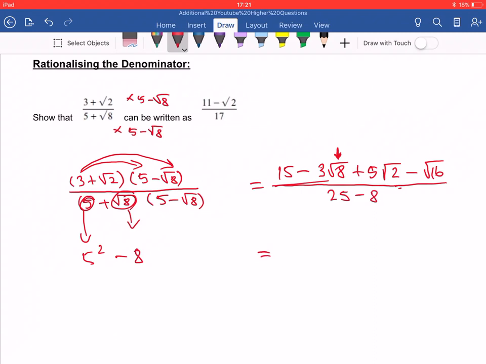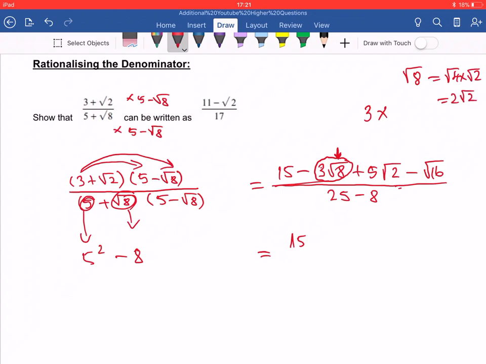And let's see what we can simplify. So we still have the 15. Can we have a closer look at the 3 root 8? That's like saying 3 times root 8, and the root 8 is the same thing as saying root 4 times root 2, which is 2 root 2. Simplified.